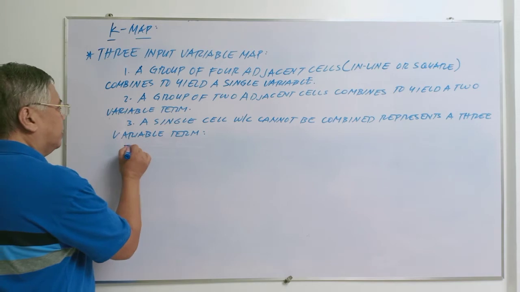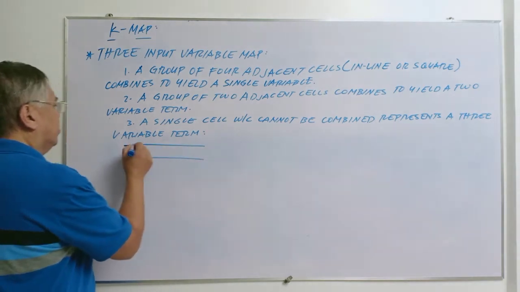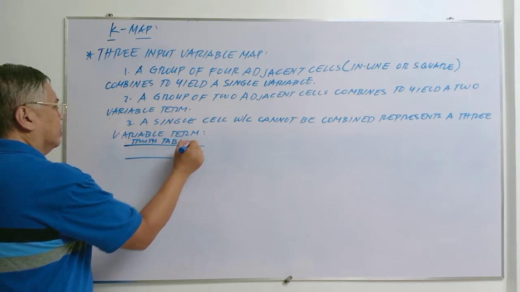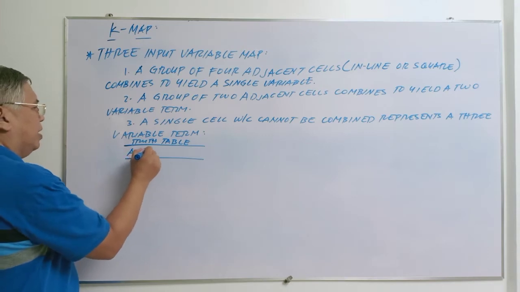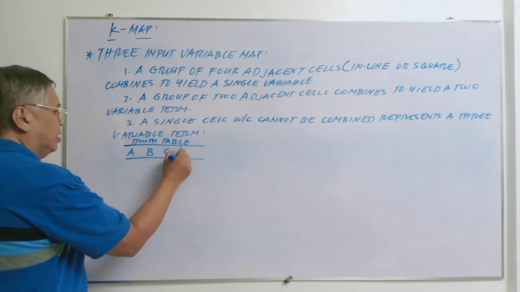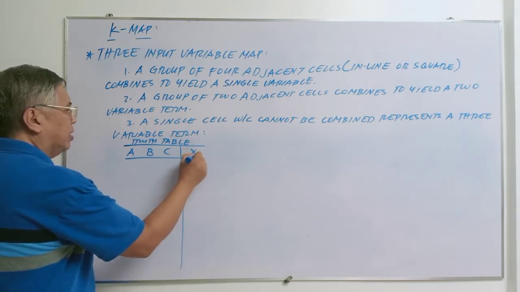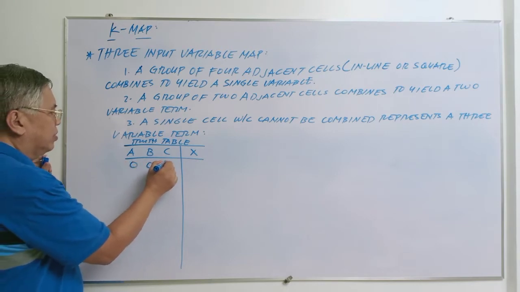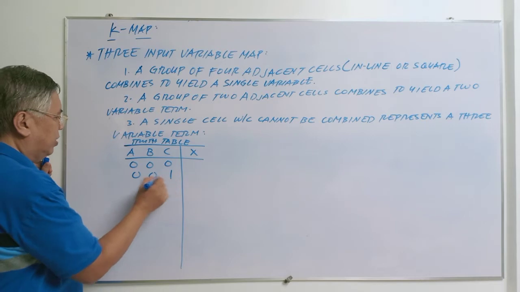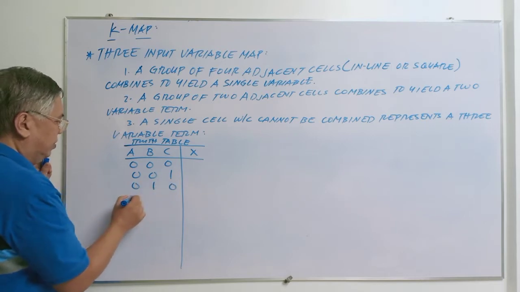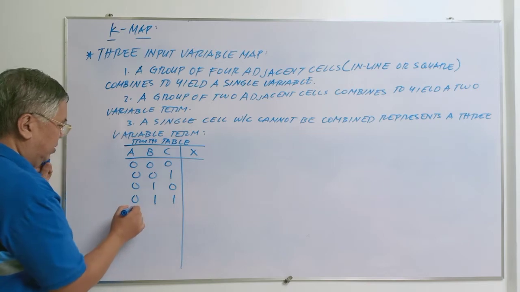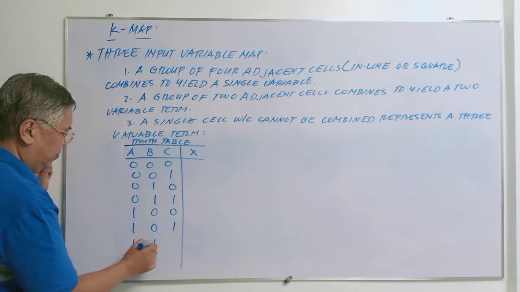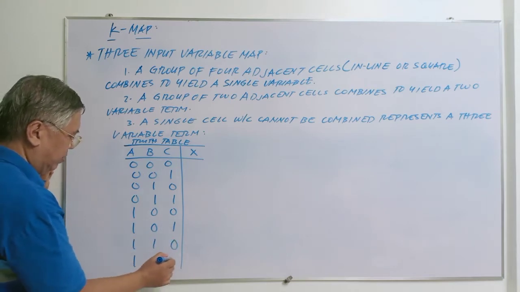Okay? So for example, we have here a truth table. The inputs are represented by A, B, and C, and the output is represented by X. The combination values of A, B, C are 000, 001, 010, 011, 100, 101, 110, and 111.